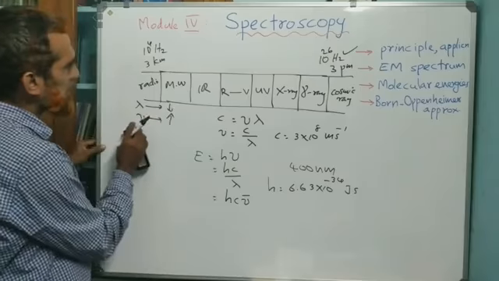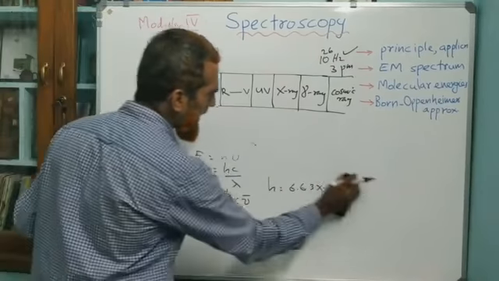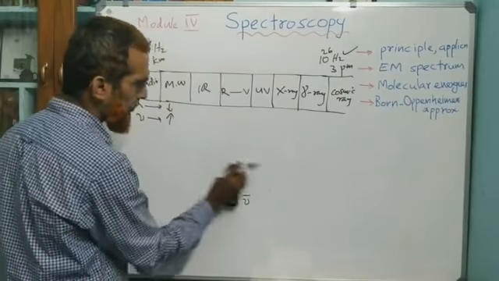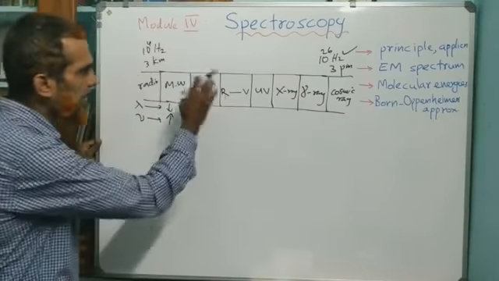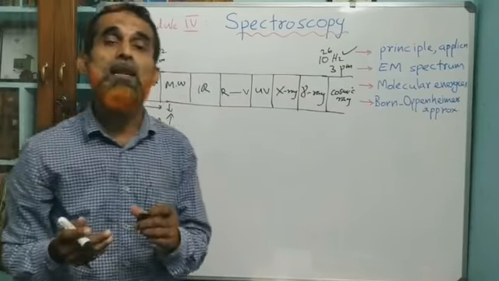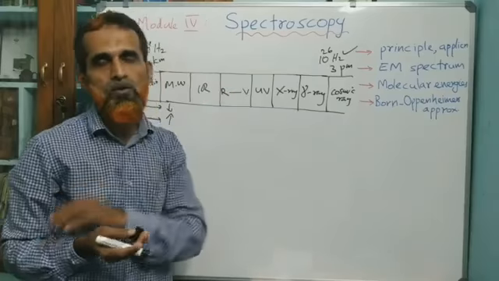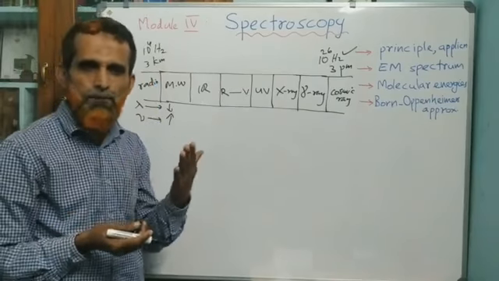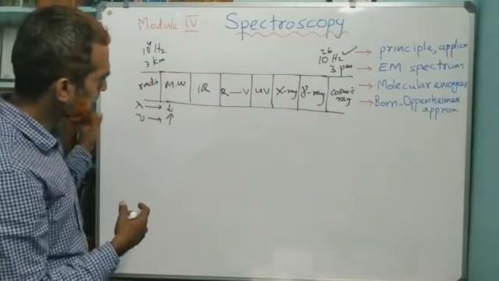Okay, so that's about this electromagnetic spectrum. So there are different radiations having different wavelength or frequency or different energy, and different radiations are used for different spectroscopic technique. Which one we select for each one depends on the energy gap that we'll discuss in coming classes.